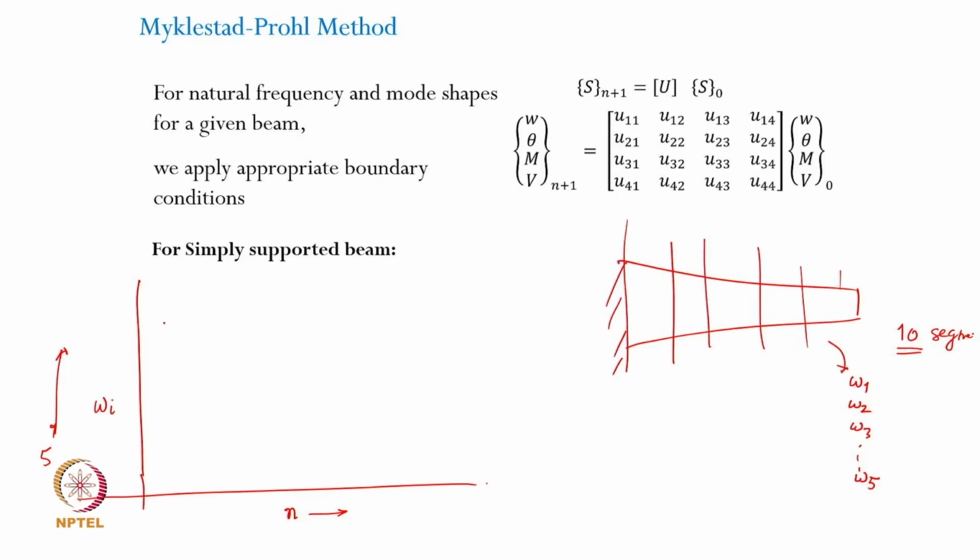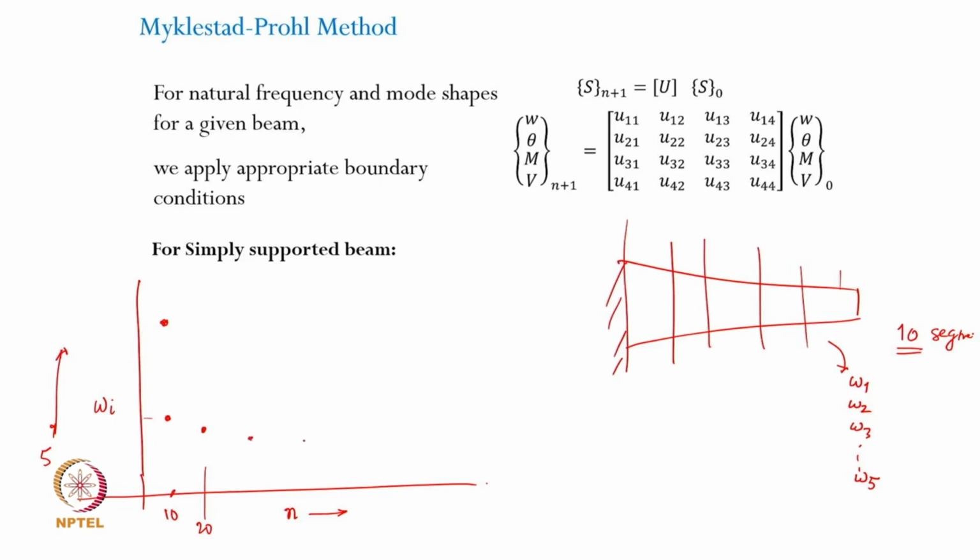And then what happens is, when you discretize this into 10 number of segments, you get omega 1 here, and when you discretize into 20 number of segments, you get some other value of the same omega 1 here, and so on.